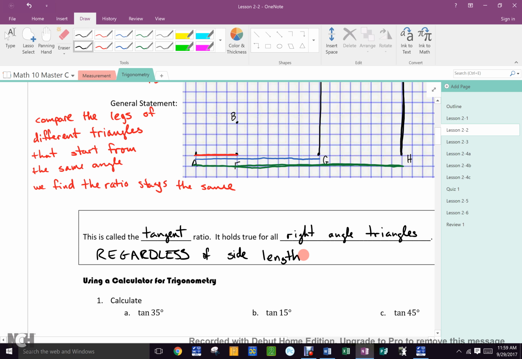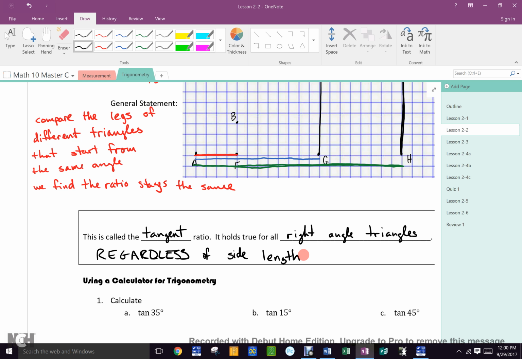Does everybody understand that? That is key. The length of the side, the length of this line and the length of this line do not affect the angle. Does everyone understand that principle? You cannot understand trig if you don't get that.